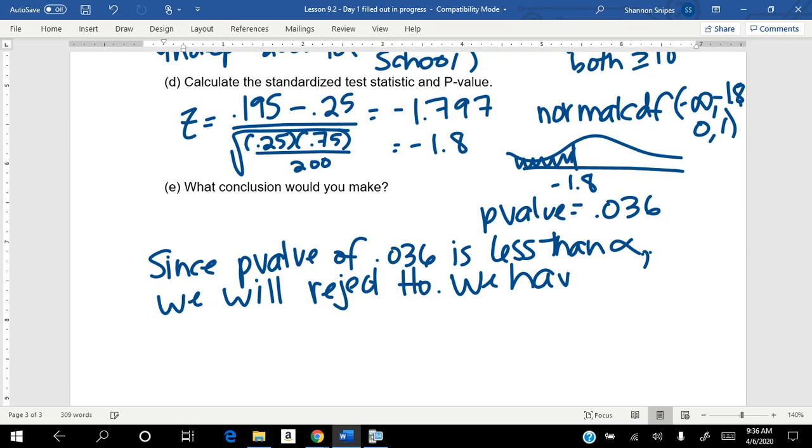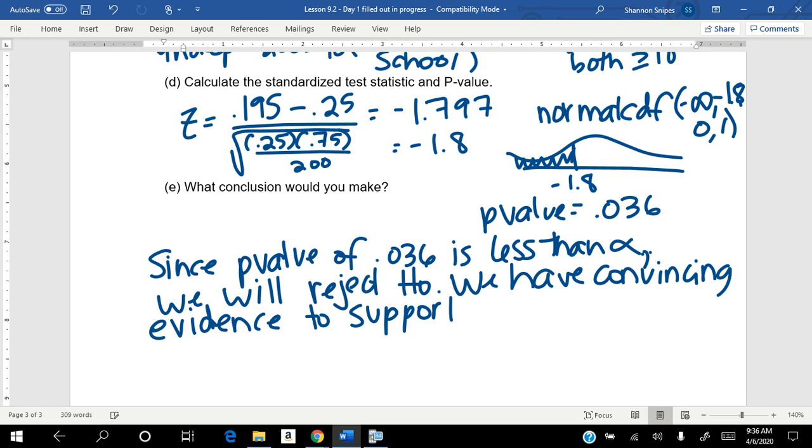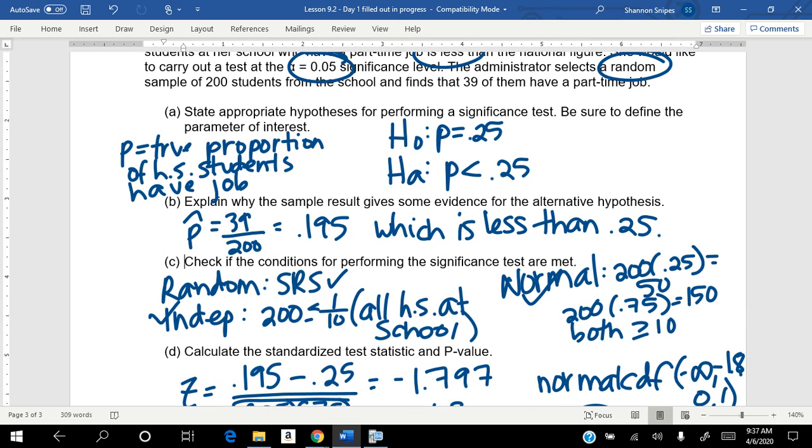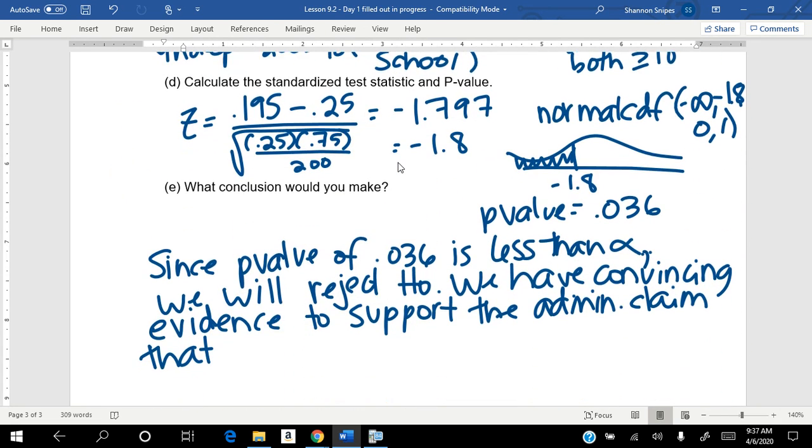We have convincing evidence to support the administrator's claim that the true proportion of high school students who have a part-time job is less than 0.25.